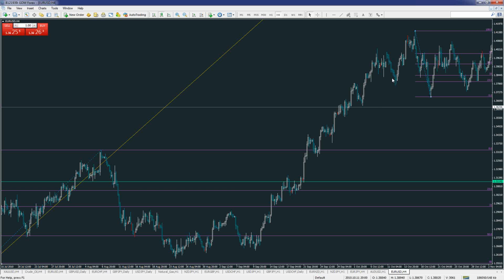Then once breached and sustained below this line with a few days of trading, because we're looking at a 4-hour chart at this moment, that means the trend is no more, and you need to be looking at a sideways range or a new trend to the upside or respectively to the downside to be developed in time.